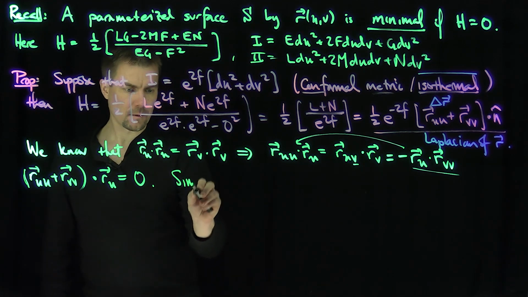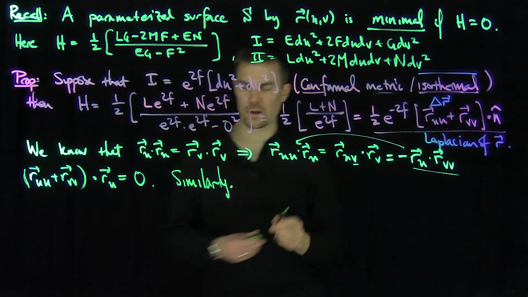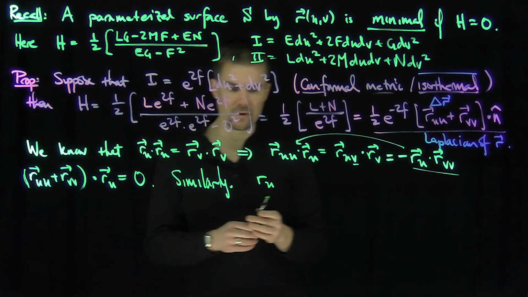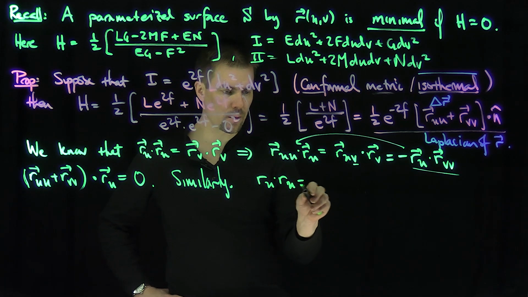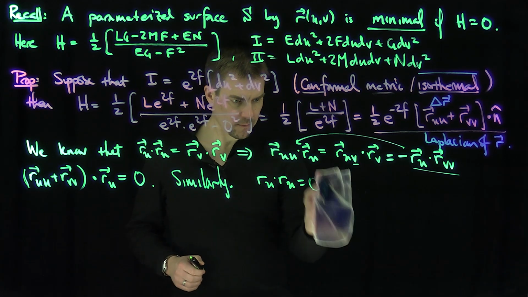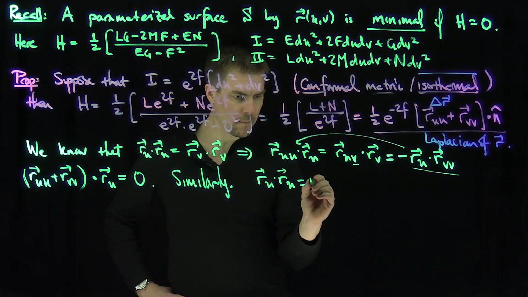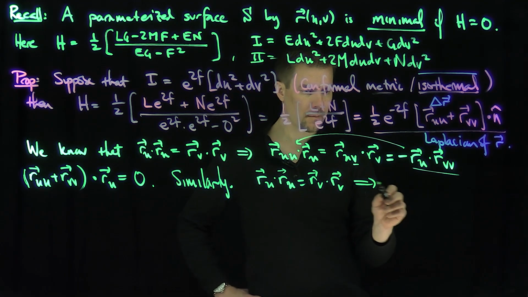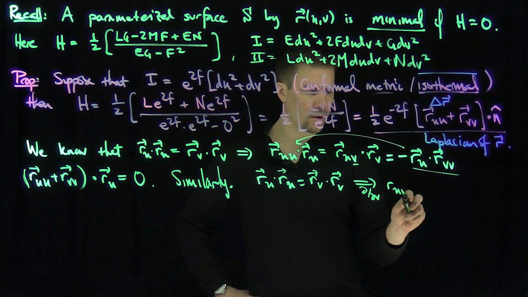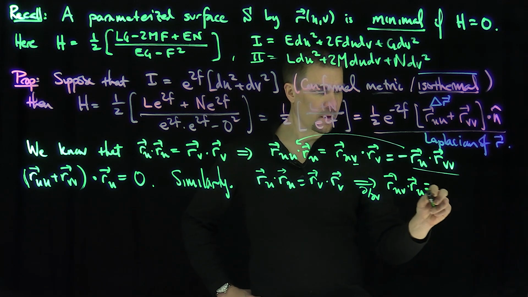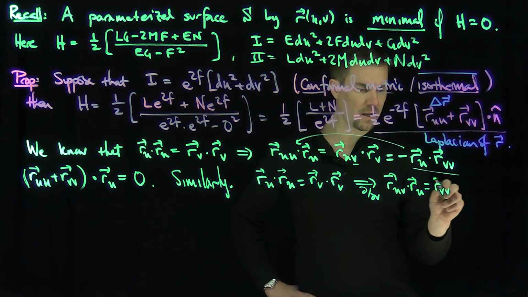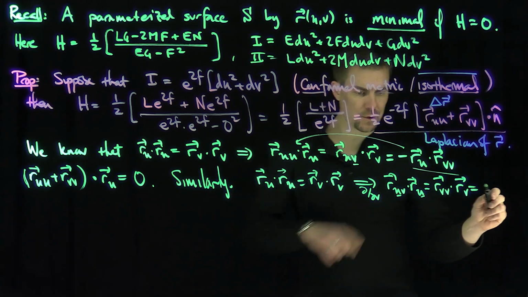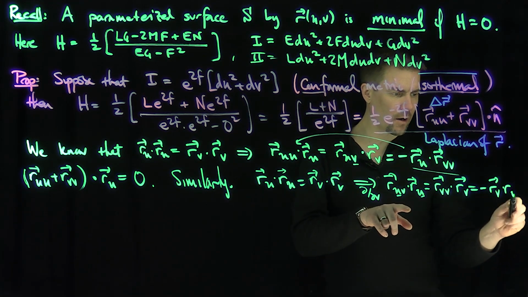Similarly, I can take a v derivative of R_UU dot R_U equals R_VV dot R_V, and conclude that R_UV dot R_U is equal to R_VV dot R_V. Moving a v derivative to the other side and putting the u over there, this is equal to negative R_V dot R_UU.